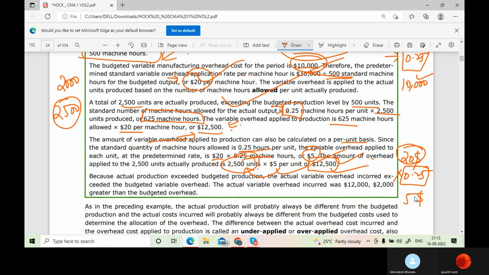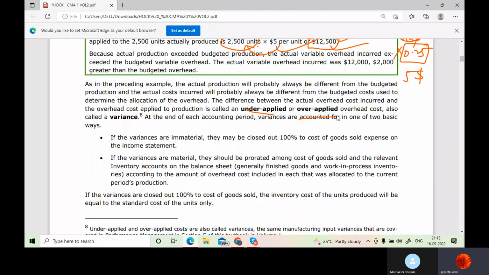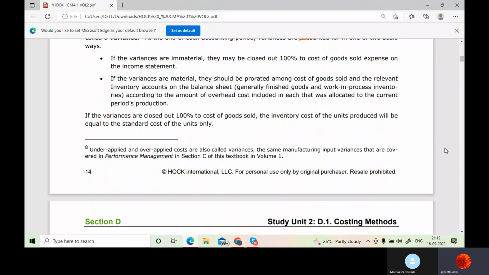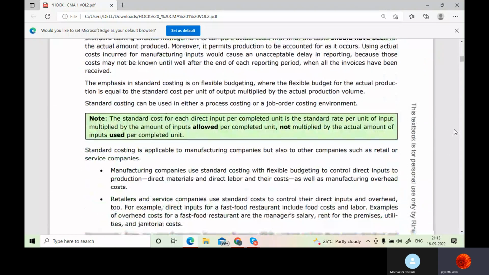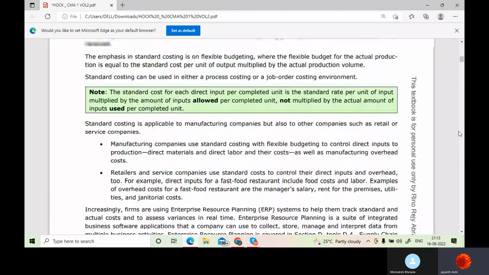Get the amount. So we can also learn about the concept of underapplied and overapplied. What do you mean by underapplied and overapplied?